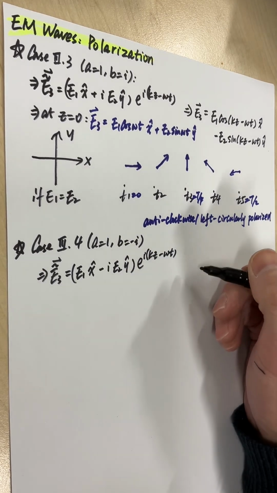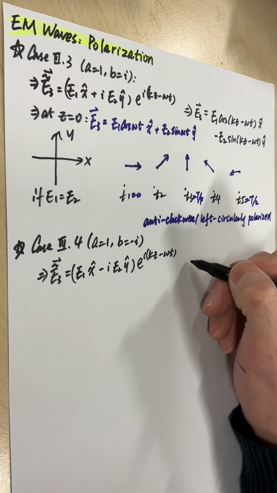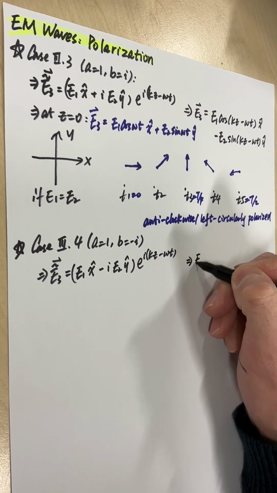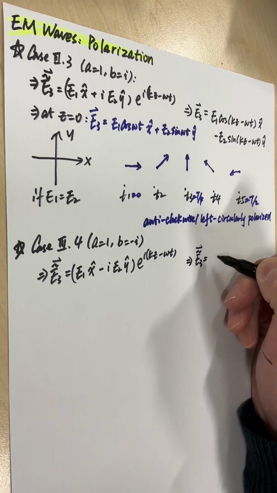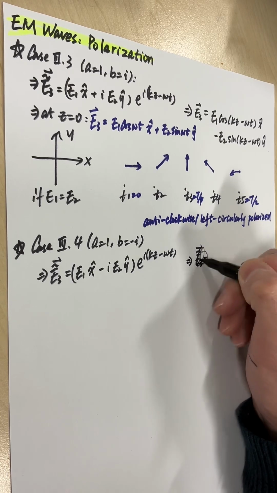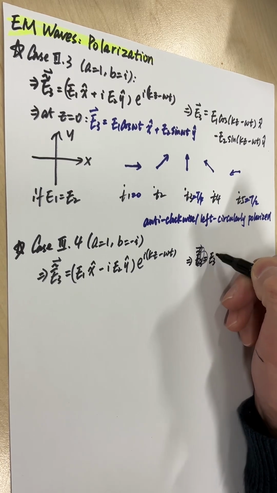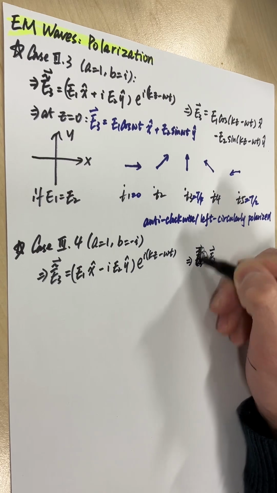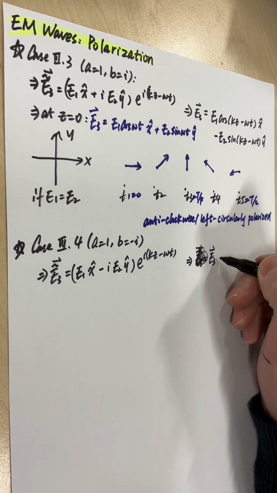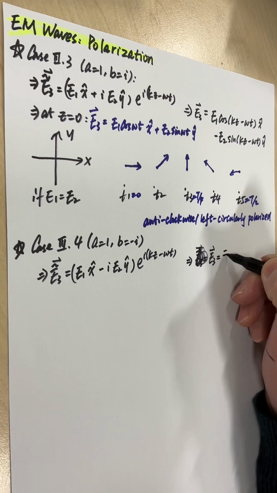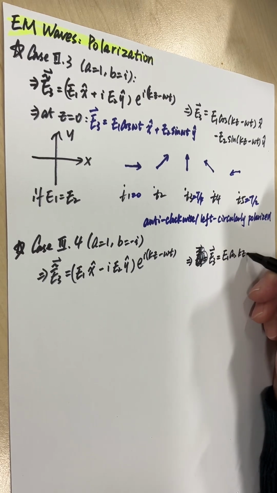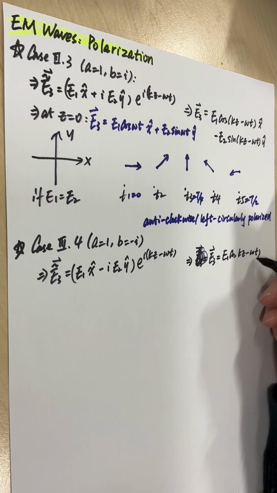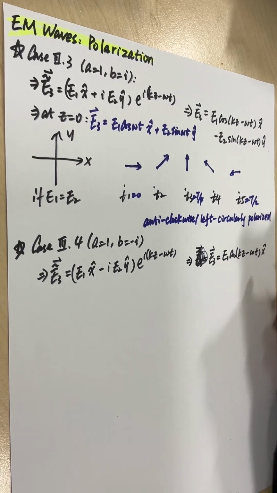So the real part, we have E3 equals to, real part we only have, it's not a complex value anymore. Then we have E1 cosine kappa z minus omega t in the x direction.